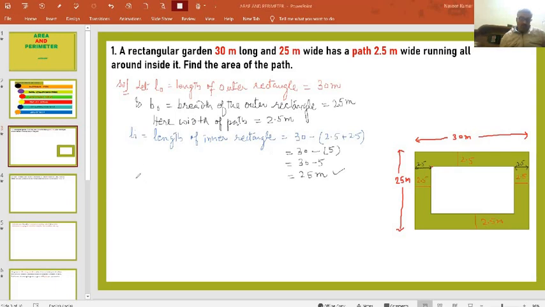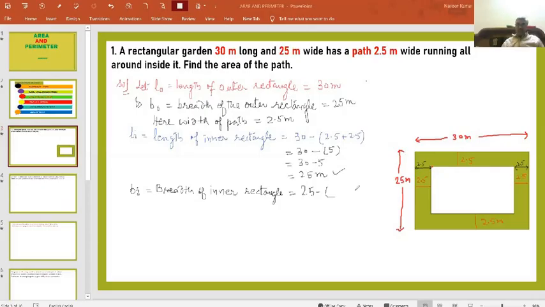Now want to find out the breadth of the inner rectangle. VI. That is breadth of inner rectangle, that is equal to, what is the breadth of outer rectangle, that is 25 meter, minus what?